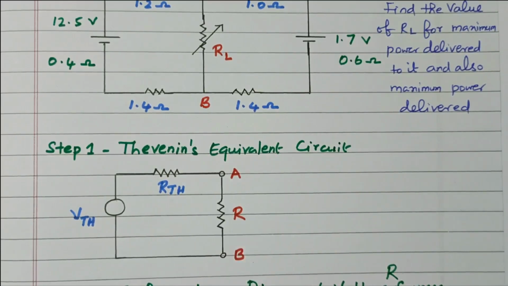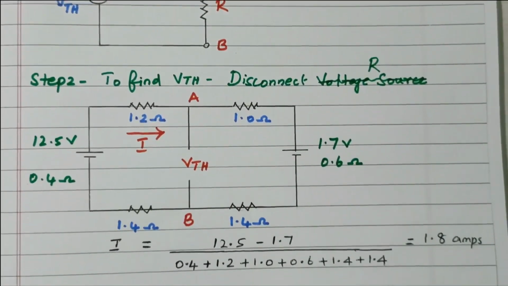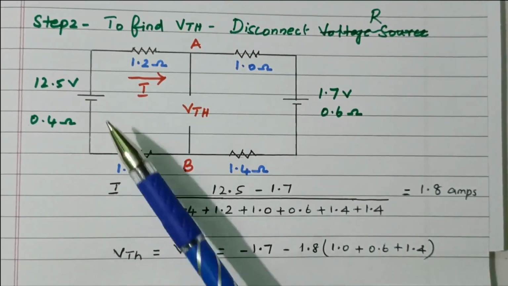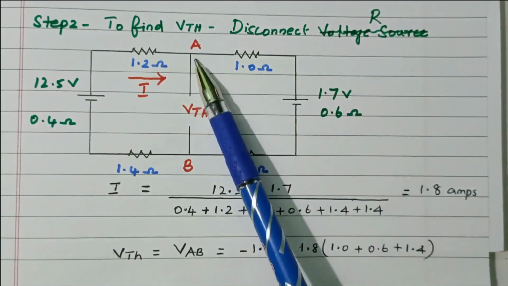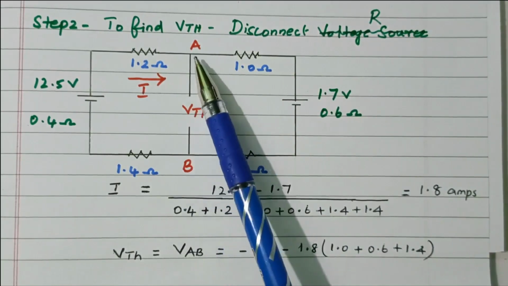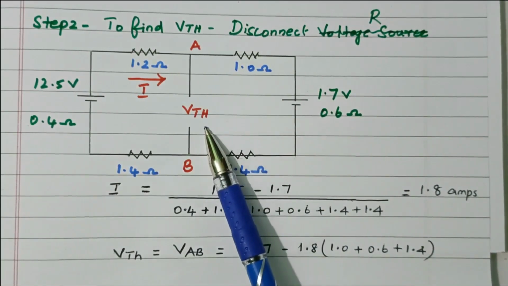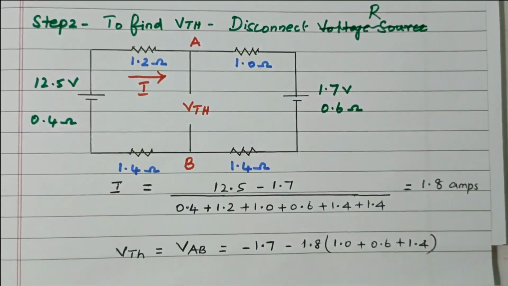Now we'll go for the Thevenin equivalent circuit. First we will find VTH. To find VTH, disconnect the load resistor R, so it is open circuited. Now we need to find the voltage across AB, which is VTH, the voltage across AB with the terminals open.